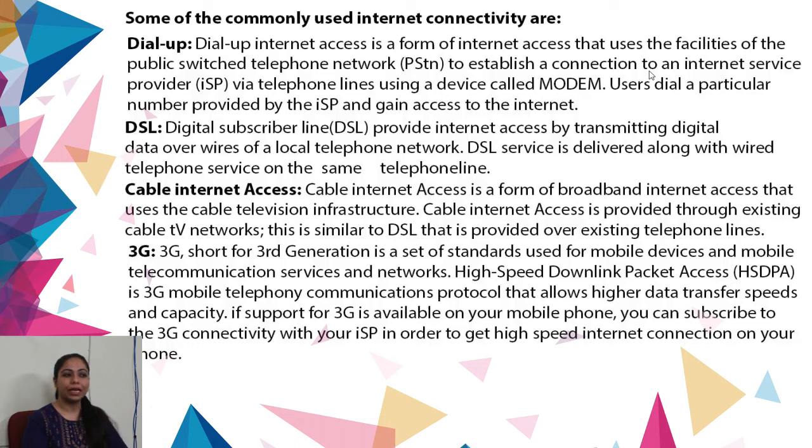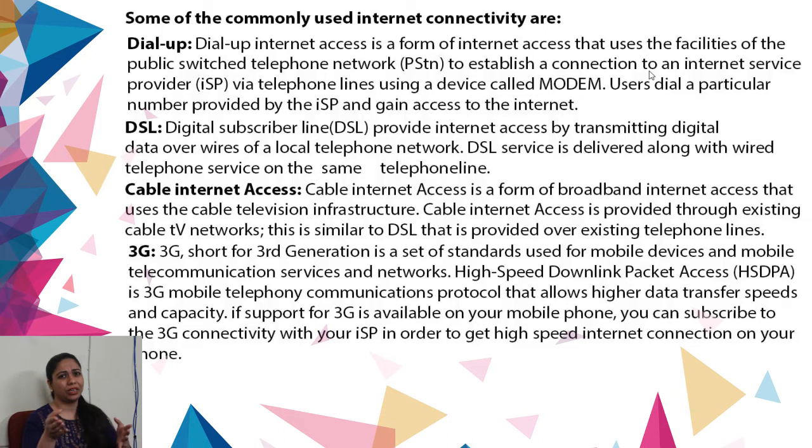Then comes cable internet access. Cable internet access is a form of broadband internet access that uses the cable television infrastructure. The only difference is the infrastructure: the cable used to get the internet connection is the cable that you use for your television. This is also comparatively faster than dial-up.